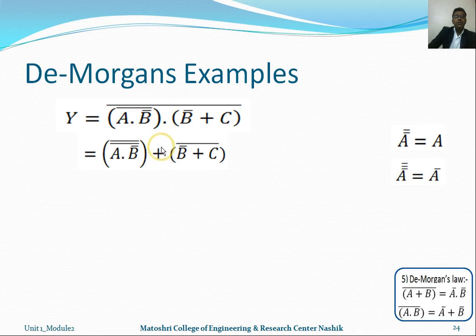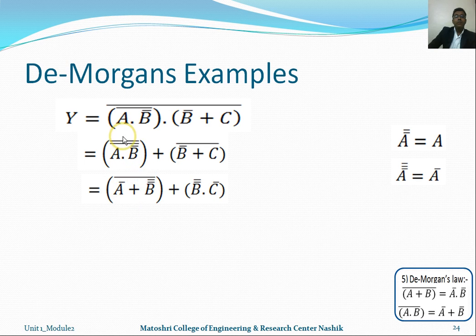After breaking the whole complement, the OR functionality is produced between these two brackets. In the first bracket, the double complement is available, so the double complements cancel each other. Taking the complement again gives the original value.